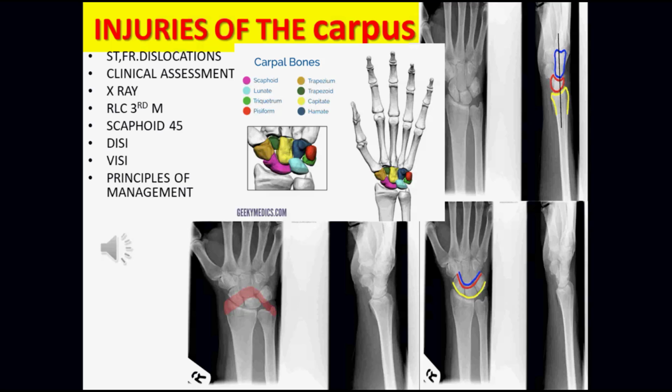And this is a very complicated subject. Knowing the name is quite enough. And the management of this condition, the carpal instability, is very important because it will help in preventing future complications.